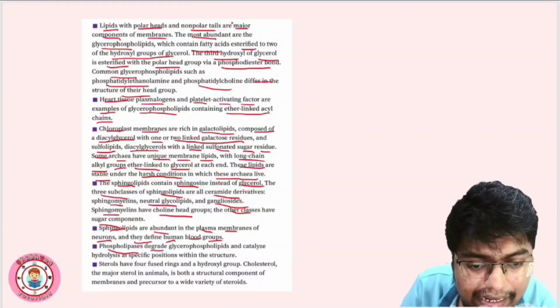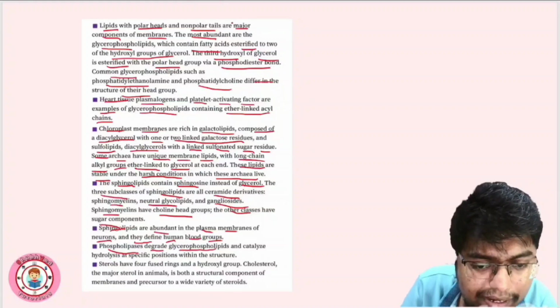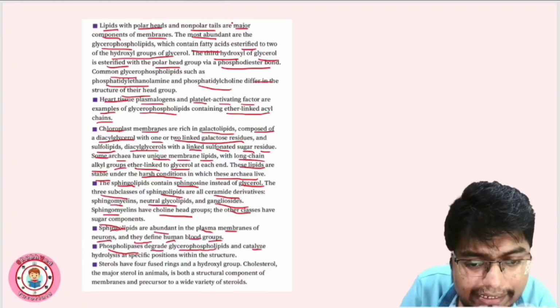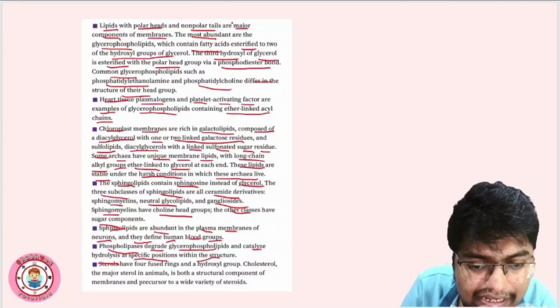Phospholipases degrade glycerophospholipids as we saw and catalyze hydrolysis at specific positions within the structure. Okay, hydrolysis करते हैं lipids का. Steroids have 4 fused rings. Okay, and a hydroxyl group.